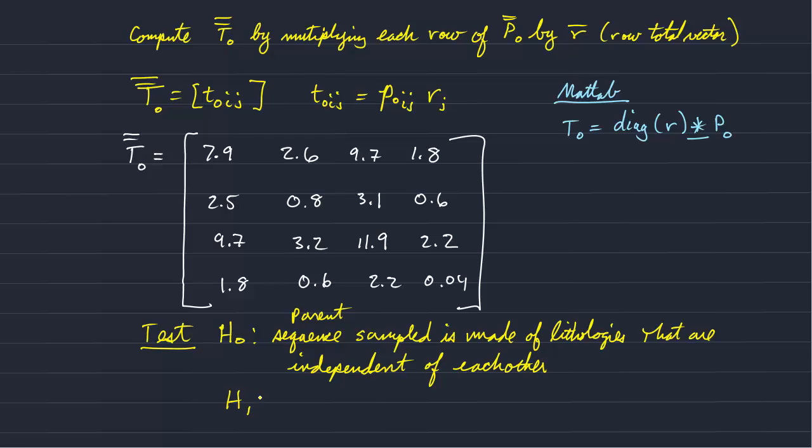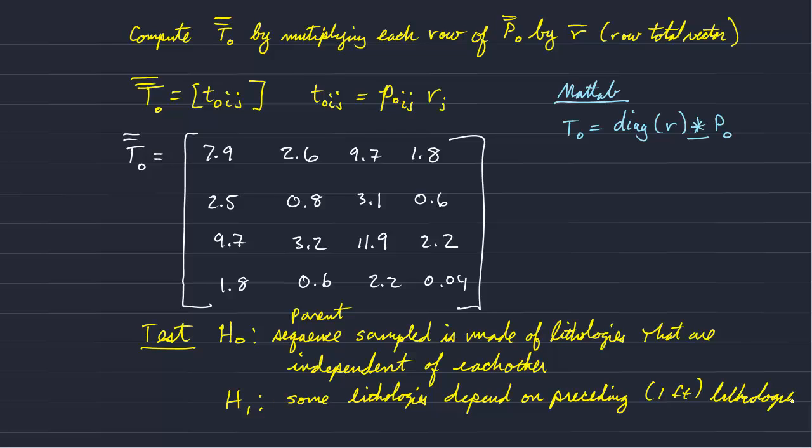And the alternative hypothesis is that some lithologies depend on the preceding lithology, and in our case, the preceding lithology is what is occurring 1 foot below it.